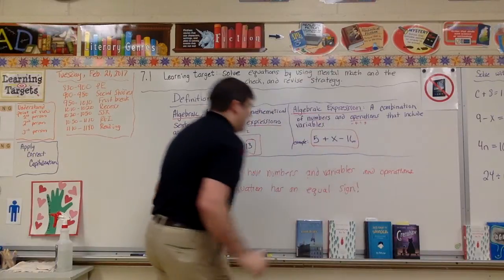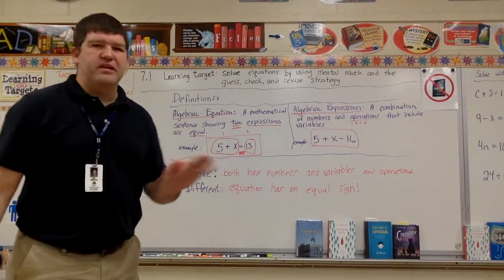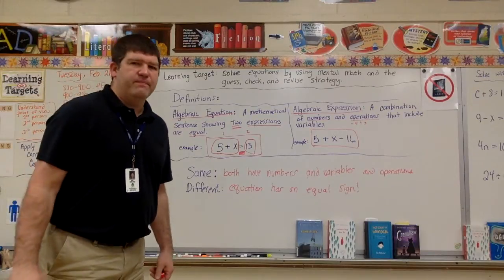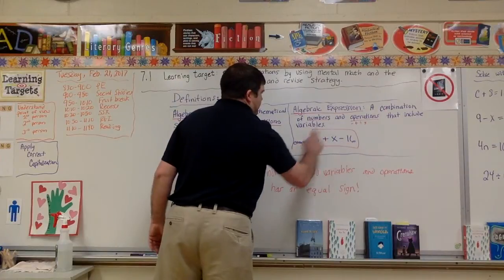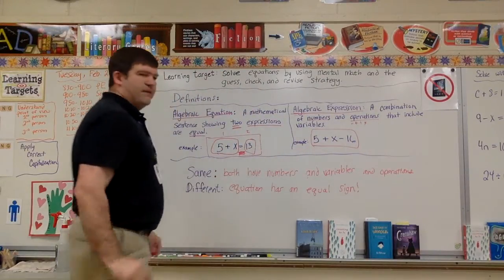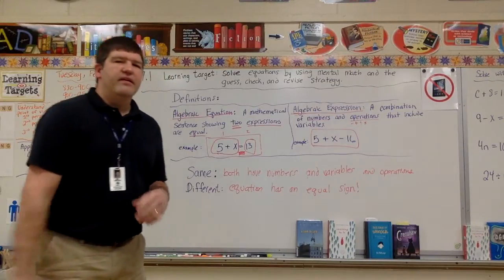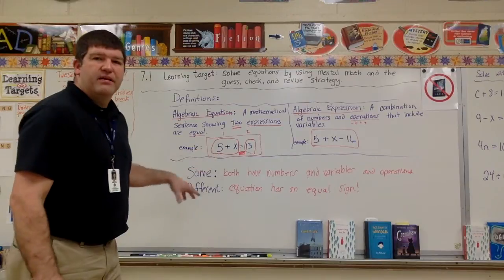Okay? The equation has an equal sign. The expression doesn't have an equal sign. An expression, you just have an expression. Here you have two expressions with an equal sign. All right. So that gives you an idea, some definitions, how they're the same, how they're different.